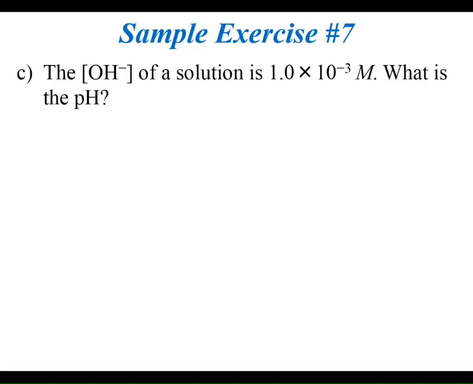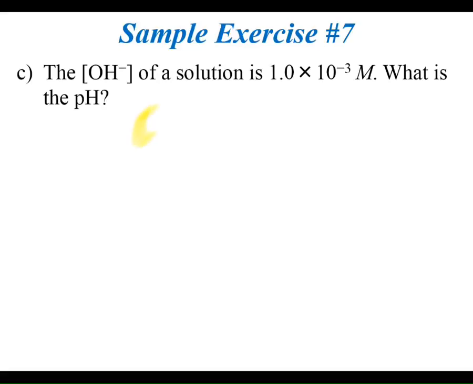Chrissy, what were you saying? I thought it was the same way. You mean do the negative log of the hydroxide? No, pH is negative log of hydronium. We have hydroxide. How do I find hydronium if I have hydroxide? We did this last time in class. What do we know about hydronium and hydroxide? Very last thing we did in class last time.